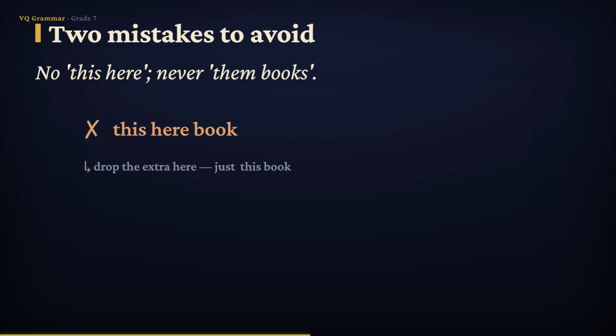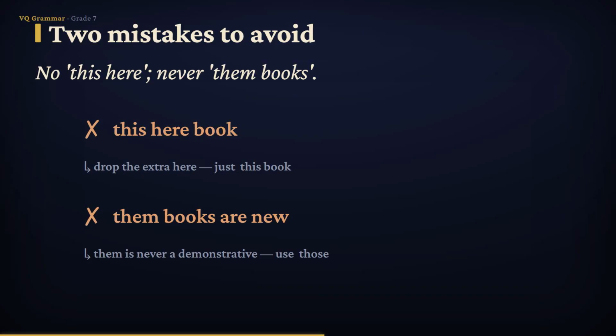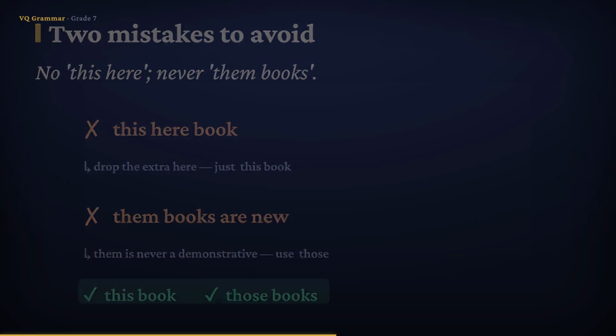Just say, this book. Second, and this one matters, the word them is not a demonstrative. Don't say, them books are new. The word them can never point out a noun that way. When you mean more than one thing over there, the word you want is those. So it's those books, never them books.